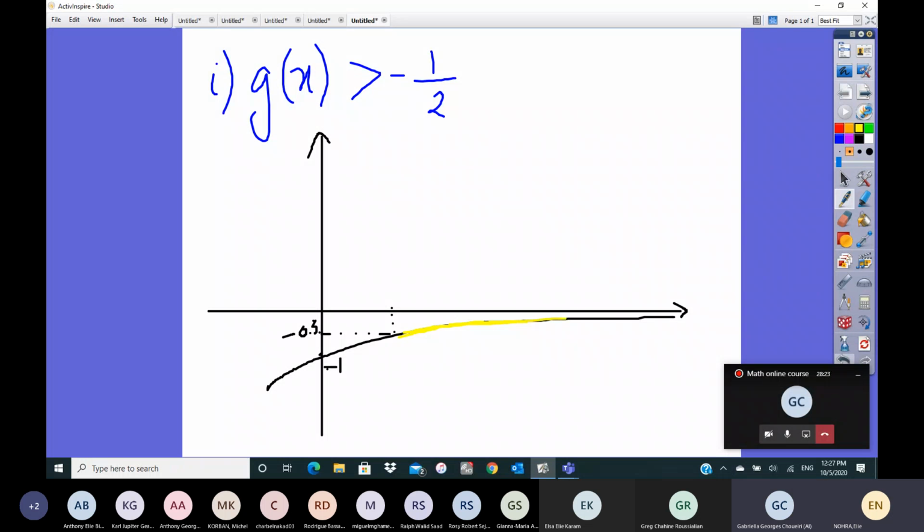We can't solve it analytically from the curve, but I'm going to use this curve just to check my result. If I find this number, say A, the solution is A to plus infinity. Understood?